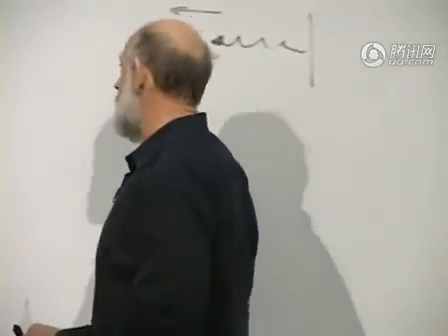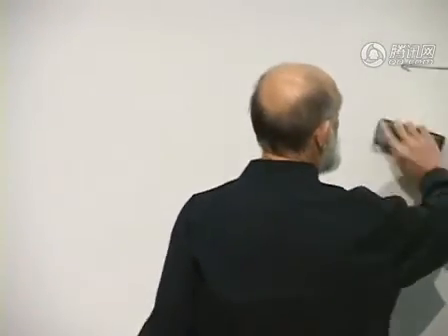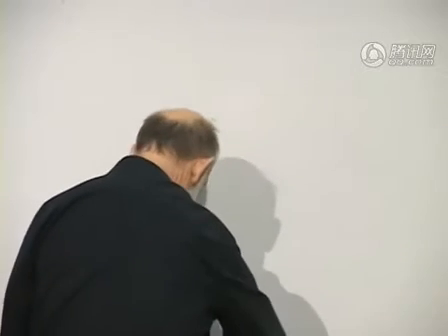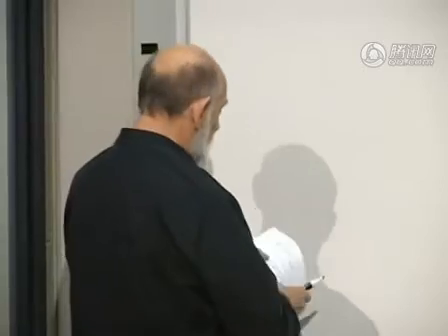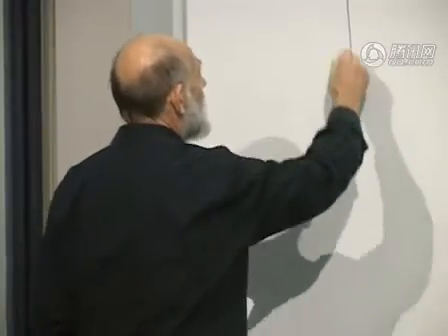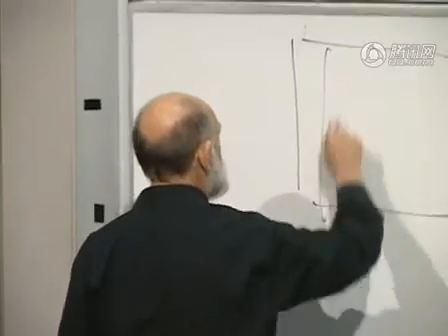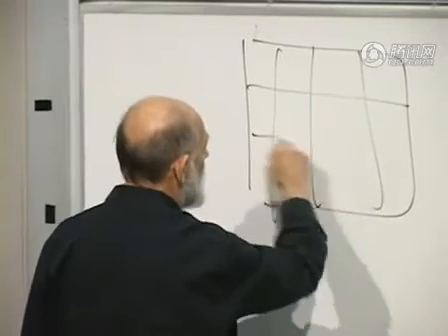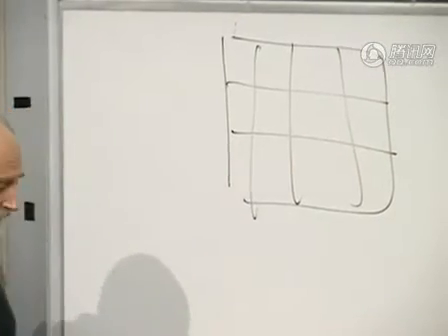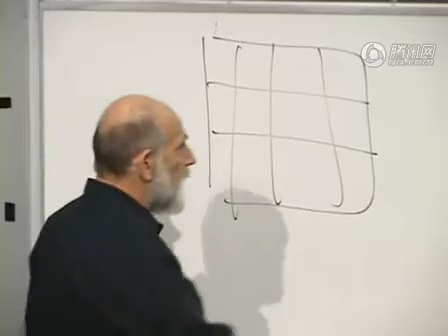Okay, so let's begin then. We want to get somewhere tonight, so let's very quickly say, if I have a flat space, which I can just draw as a coordinate grid like that, then it has a metric.